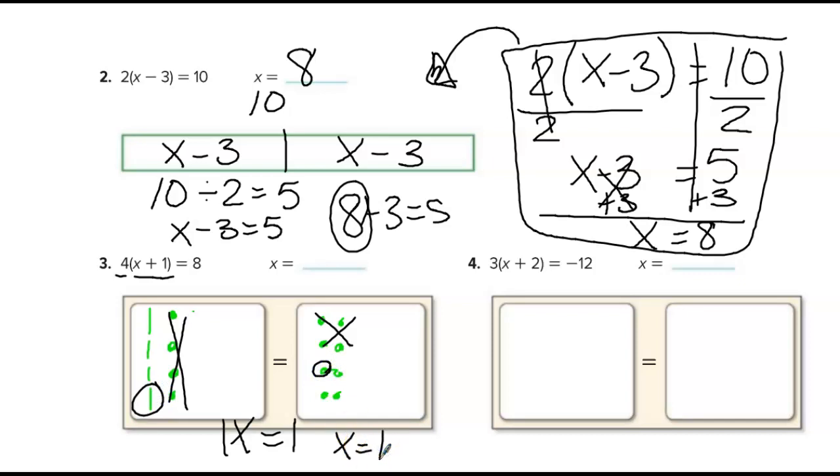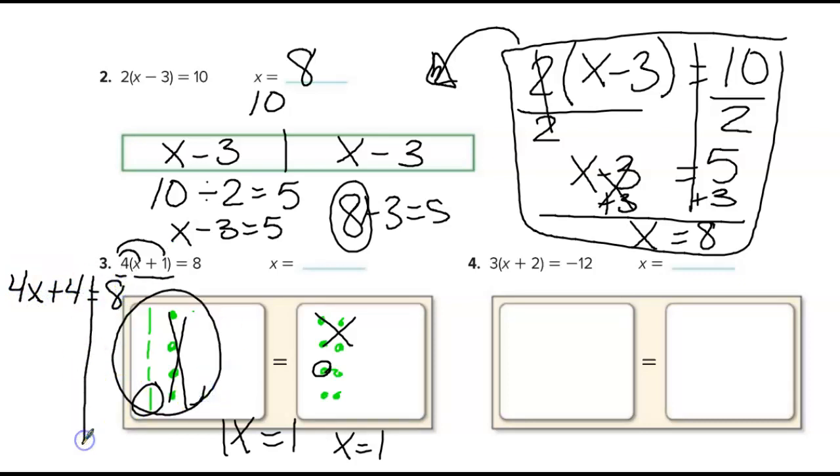Okay, doing that way algebraically, I would distribute my 4. So I would get 4 times x, which is 4x, plus 4, which is what you got when you drew that out, is still equal to 8. Then I would solve algebraically.